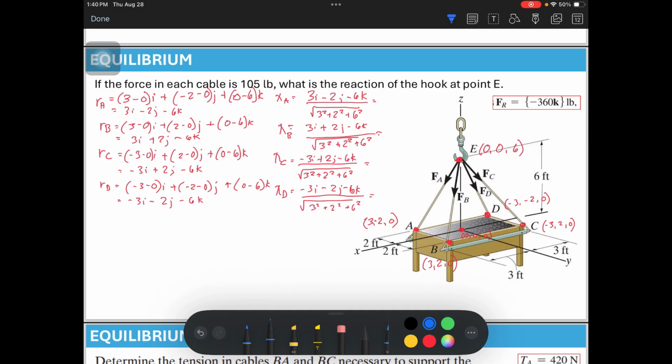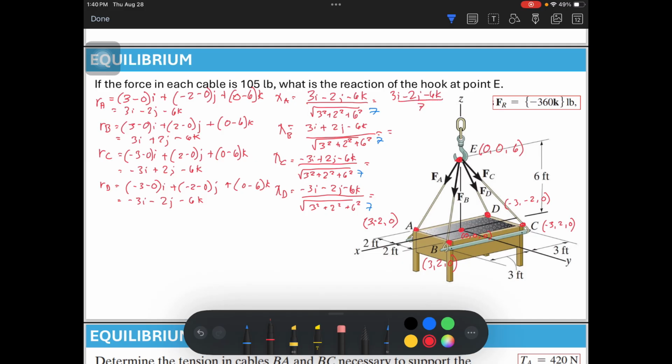So, let's get the denominator: 3 squared plus 2 squared plus 6 squared. This is 7. So they are all 7. So it becomes 3i minus 2j minus 6k all over 7.